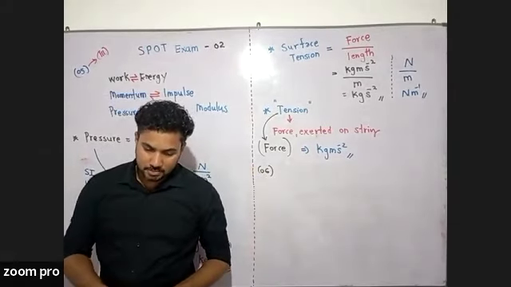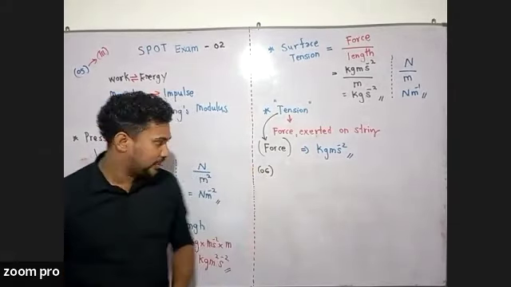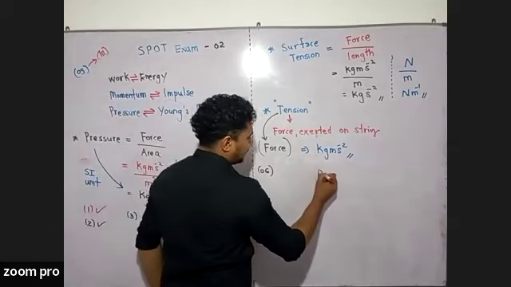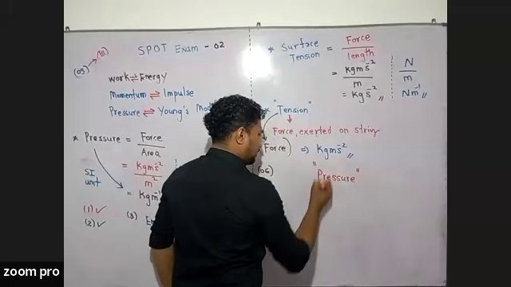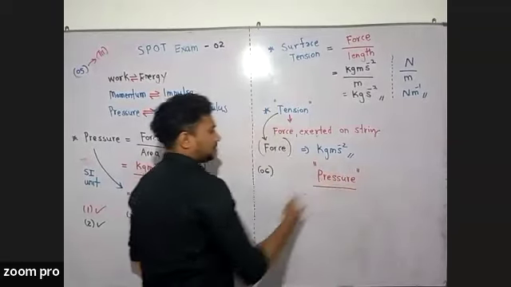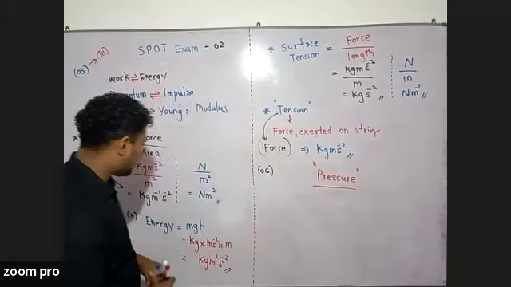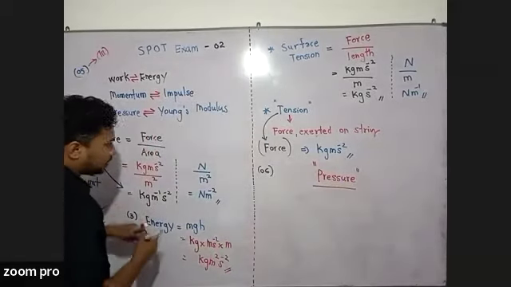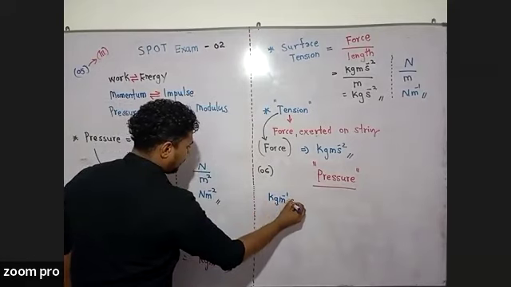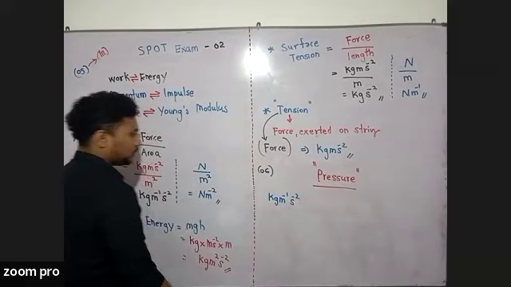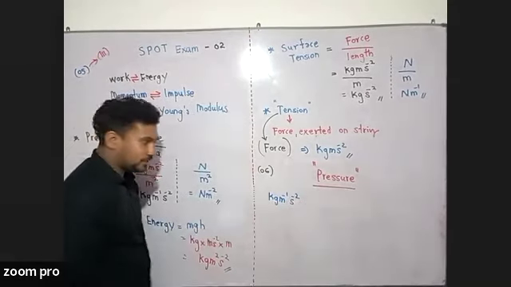Pressure cannot be measured by which of the following units, right? Another physical quantity which has different types of units is pressure. As we discussed earlier, pressure can be measured using kg m^-1 s^-2, which is the SI unit of pressure.